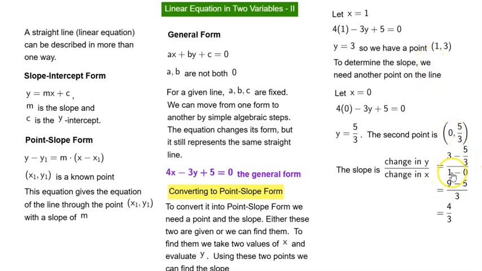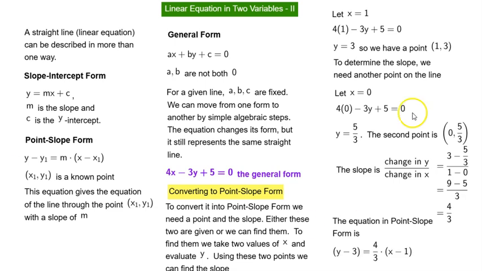Now simplifying this, we get 3 threes are 9, minus 5, divided by 3, divided by 1. So that 1 we can ignore and we have 9 minus 5 by 3, which is equal to 4 by 3. So the slope is 4 by 3. So our equation in point slope form becomes y minus y1.